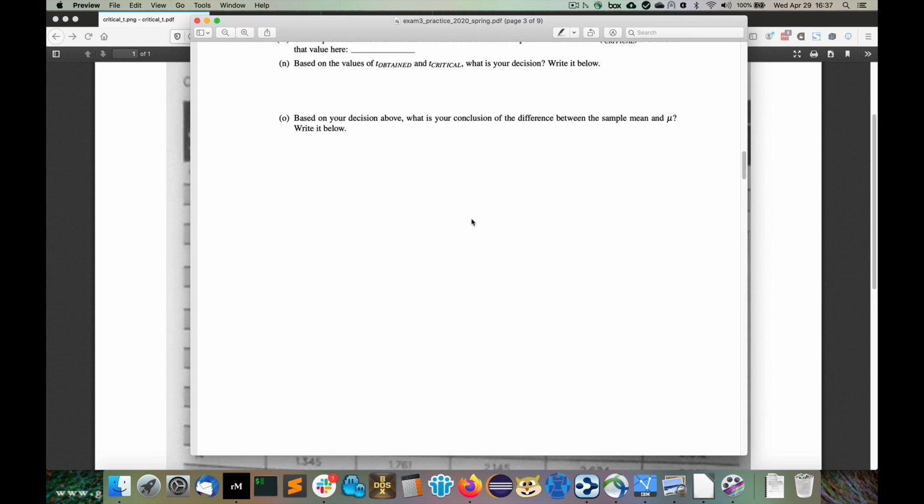So what you would write would be something like, the average facial attractiveness score of the students in this study is significantly different from the population facial attractiveness score, right? Something like that. The average facial attractiveness score of the students that were in this study is significantly different than the population average facial attractiveness score.